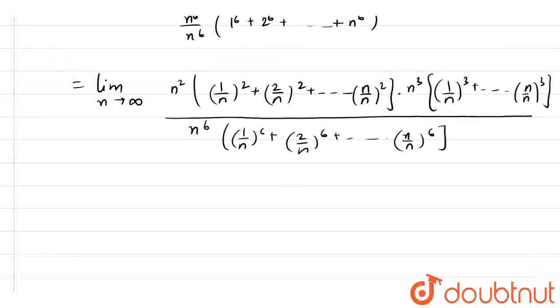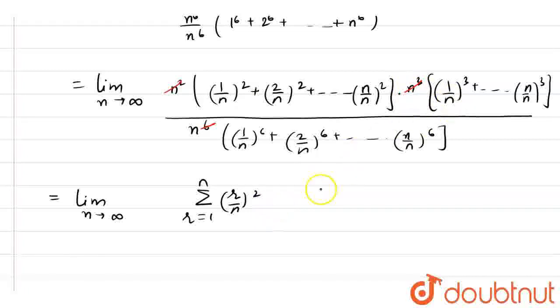So here we have n to the power 5 divided by n to the power 6, that is 1 by n. So total we have limit n tends to infinity, and I can write this as summation of (r by n) whole square, where the value of r starts from 1 and ends on n.